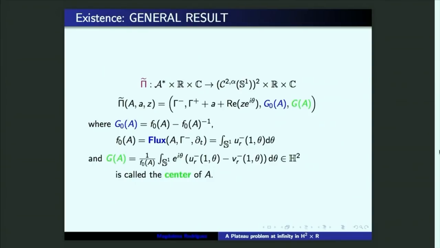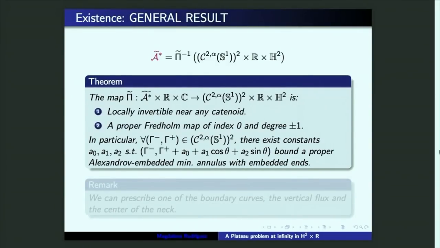Okay, so we can follow exactly the same proof as before, and what we get is that this is a proper Fredholm map of index 0, and the degree is non-zero. In order to do that, we need uniqueness for the catenoid, but we can prove that.